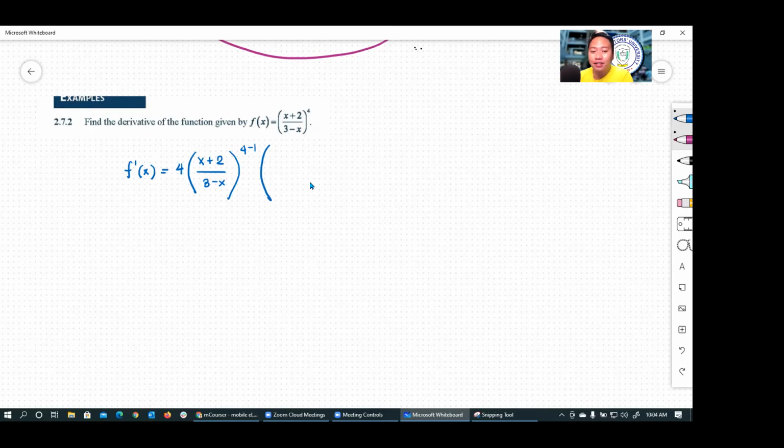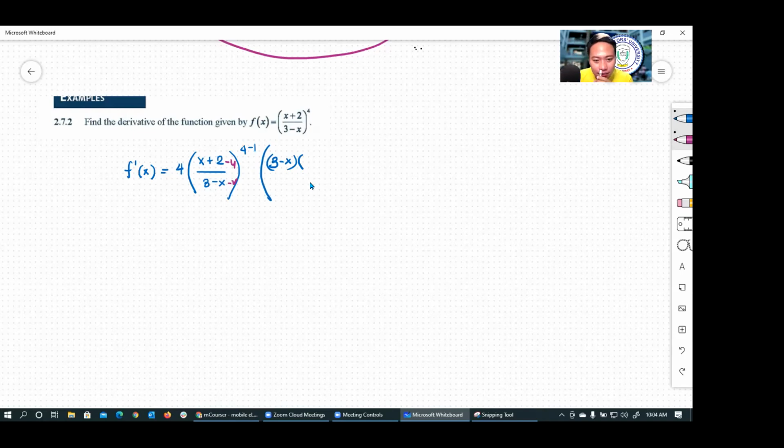So this is going to be our u here, and this is going to be our v. The quotient rule tells us to copy the v first, times the derivative of u. What is the derivative of x plus 2? 1. Very good.